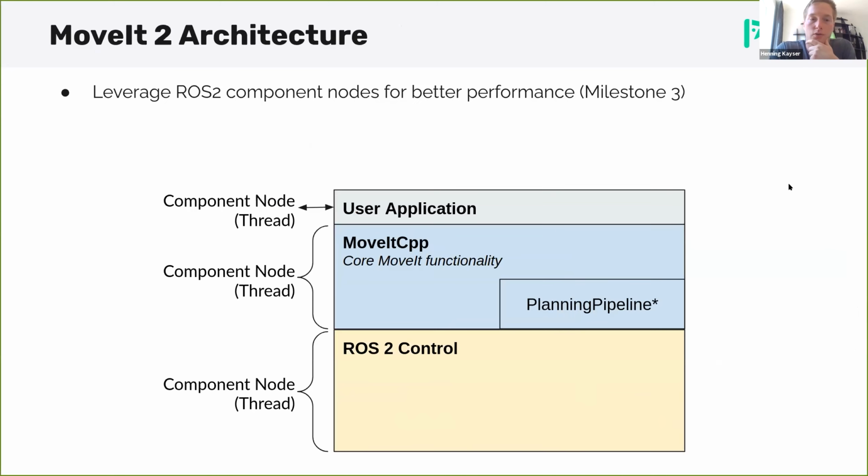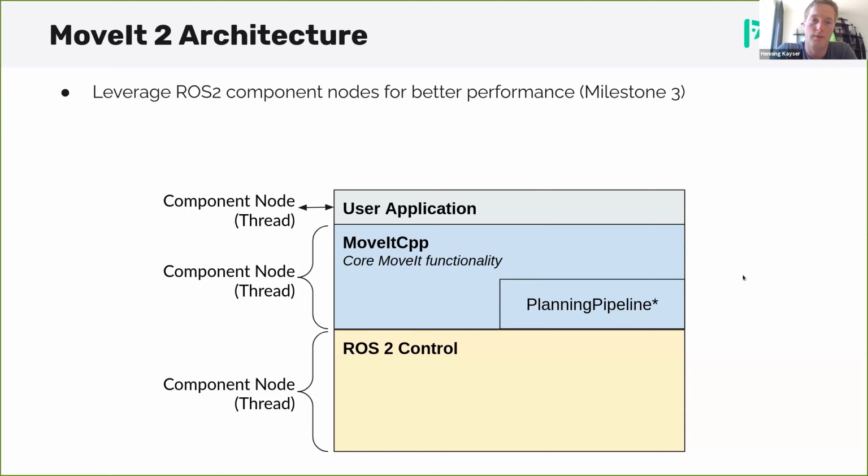The MoveIt2 architecture would then run those components as component nodes, so that you wouldn't really have to launch the different nodes separately and then use the ROS messaging infrastructure here, because you definitely have direct communication between those nodes, which eliminates delays between the different components.